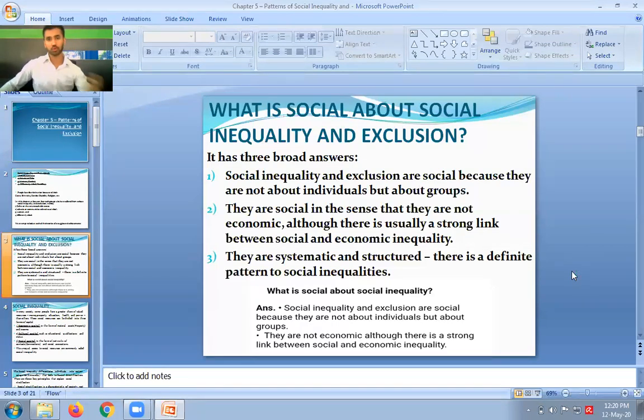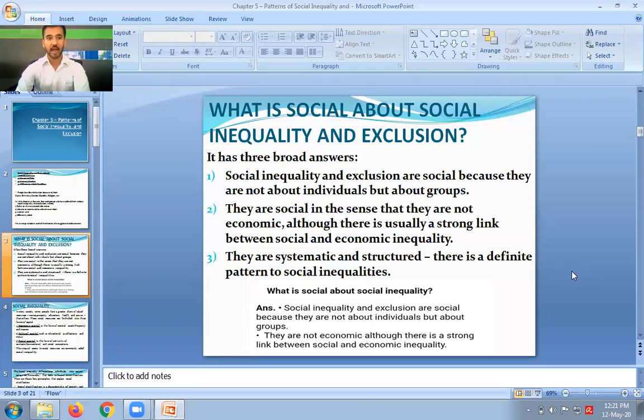If a person belongs to a certain tribe, it is not like discrimination is being done with that particular person only. Discrimination is being done with the entire social tribe group. I'm sure you're understanding. So the entire group comes under discrimination, the entire group comes under social inequality. That's the reason we say that social inequality and exclusion are social, because they are not about individuals but about social groups. I'm sure you have understood this.